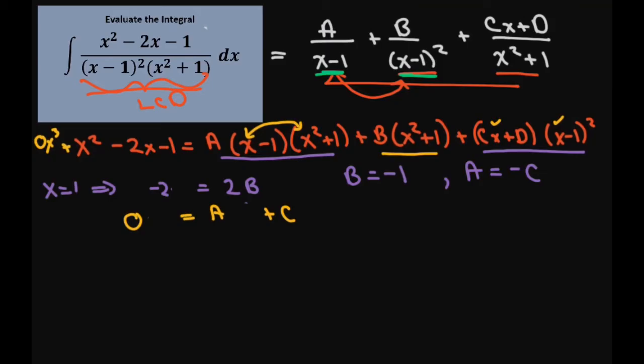All right. The next thing that's a little harder to do is we want to equate the constant terms. So our constant term on the left-hand side is negative 1. So you have negative 1 equals, and then this is negative 1 here, so that's going to be negative A. This is going to be B times 1, but B is negative 1, so that's just going to be negative 1.